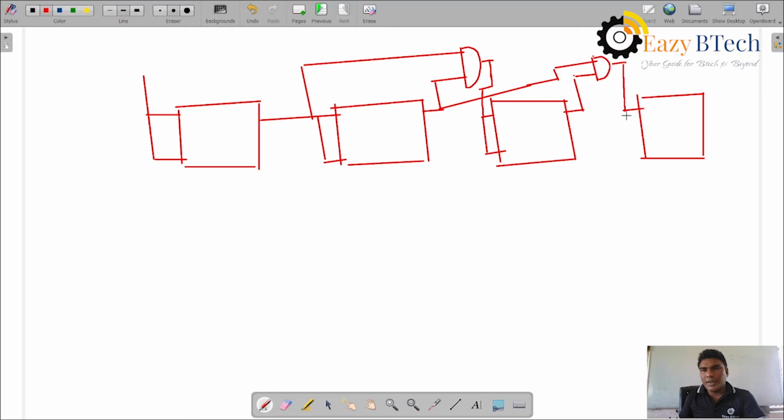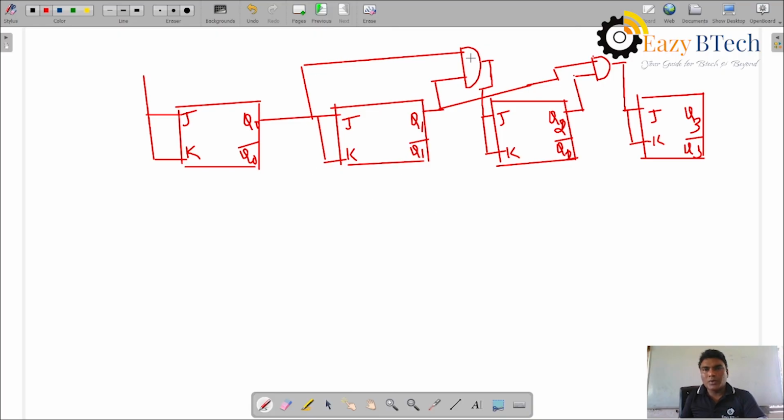So each time an AND gate is added. J K, Q naught complement. This is J and K. So Q1 complement, J K, Q1 and Q1 complement, J K, Q1, Q2. This is Q2 and this is Q3 complement. Every time the AND gate is added.